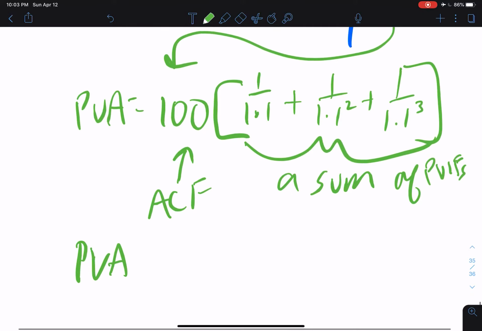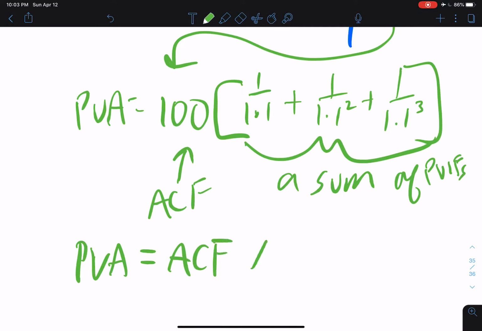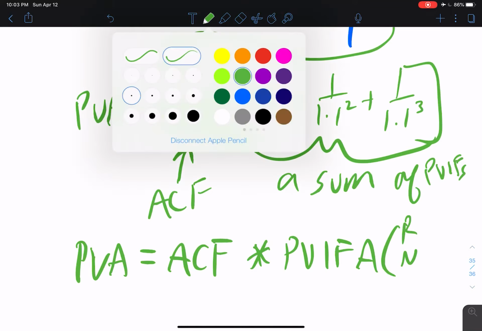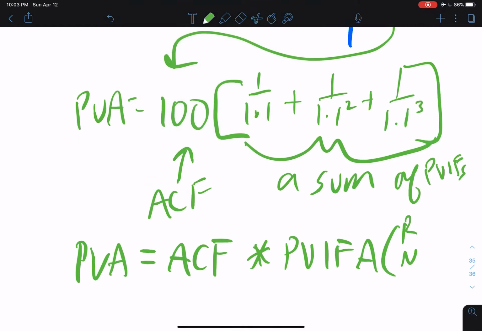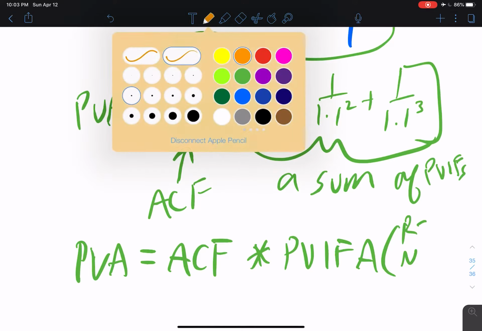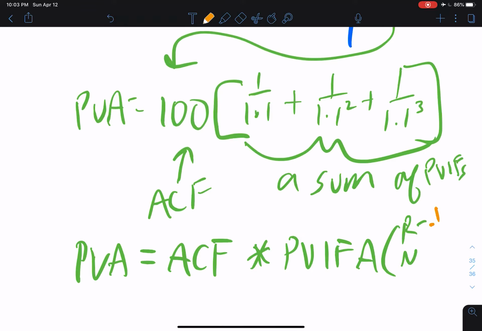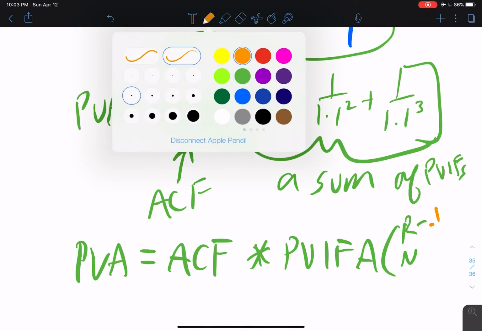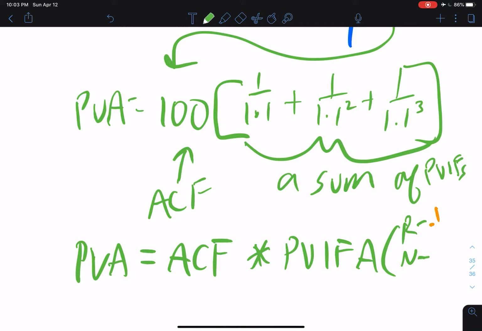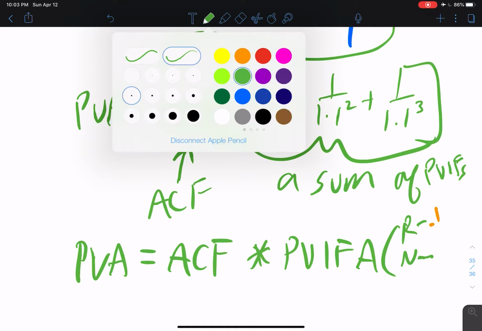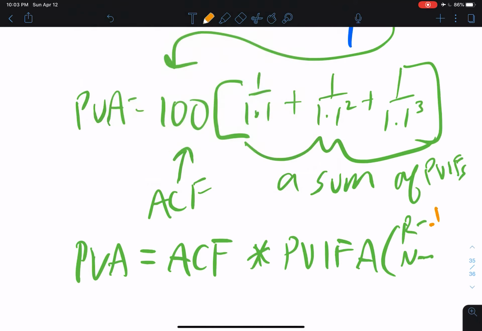Present value of the annuity is equal to the annuity cash flow times a present value interest factor for an annuity. In this case, well, it's always a function of R and N, but in this case, our R is equal to 0.1, and our N is equal to 3.